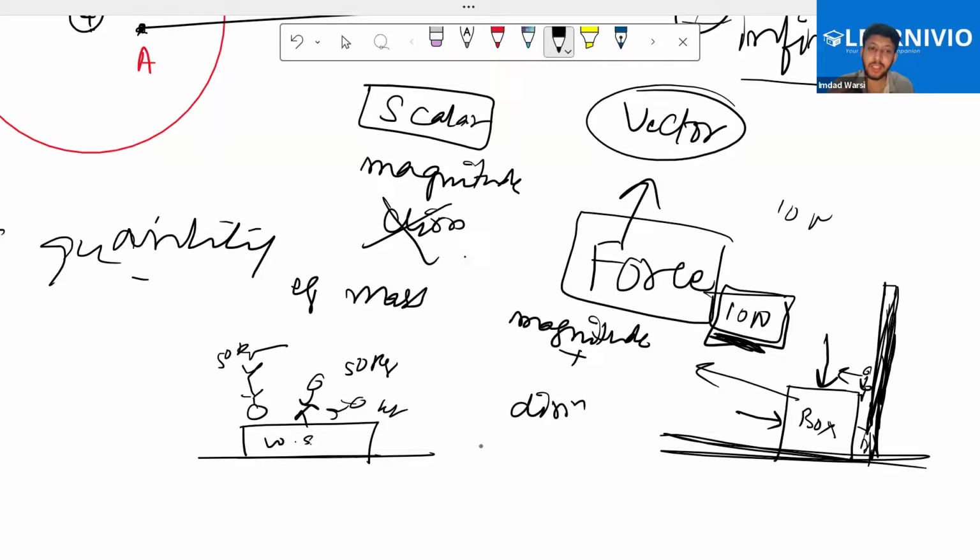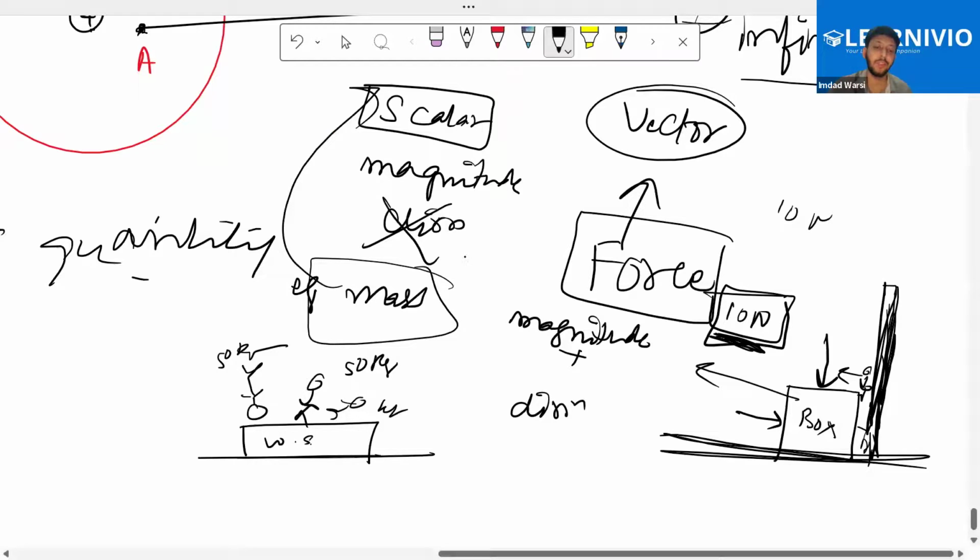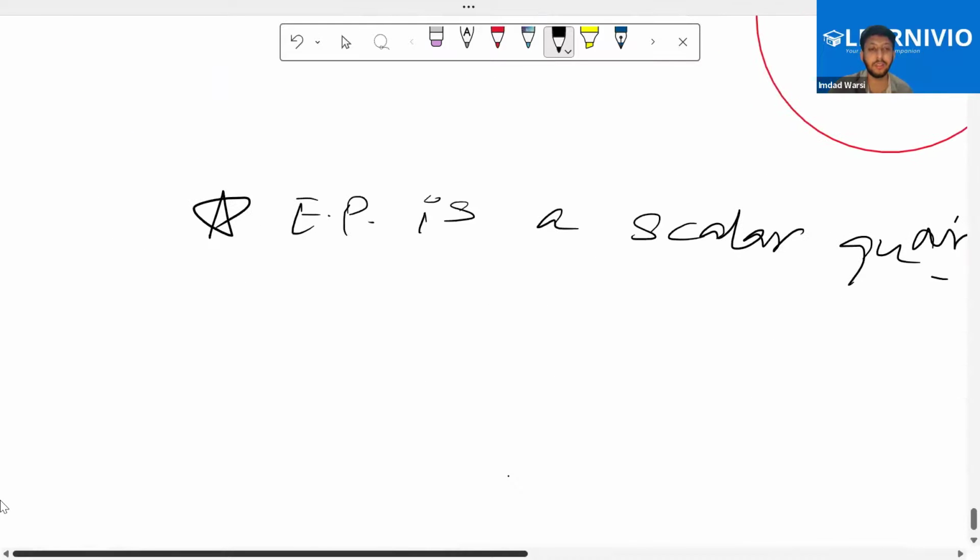No, right? Which means there is nothing to do with direction. Only magnitude is required. That is why mass is a scalar quantity. Understood? What are scalar and vector quantities? Scalar doesn't need direction, we talk about only magnitude, but in vector quantity, we talk about magnitude as well as direction.